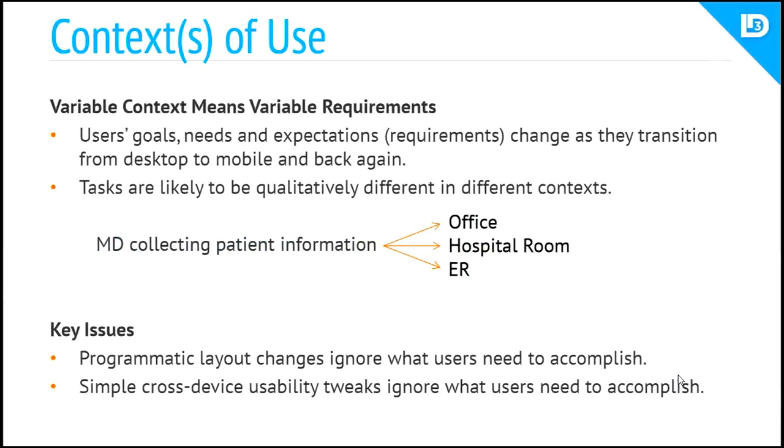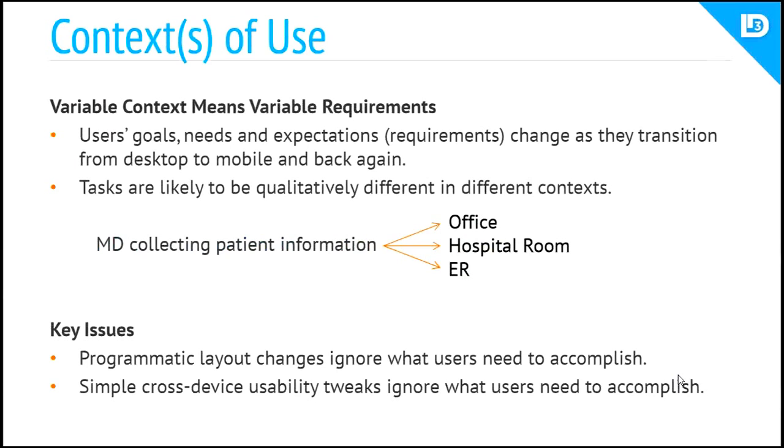Well, it means that variable contexts equate to variable requirements. You cannot assume that my use of a device in one environment is going to have the same set of requirements as my use of a device in another. Tasks in these situations are likely to be qualitatively different in these different contexts, especially as I move from desktop to mobile and back again.